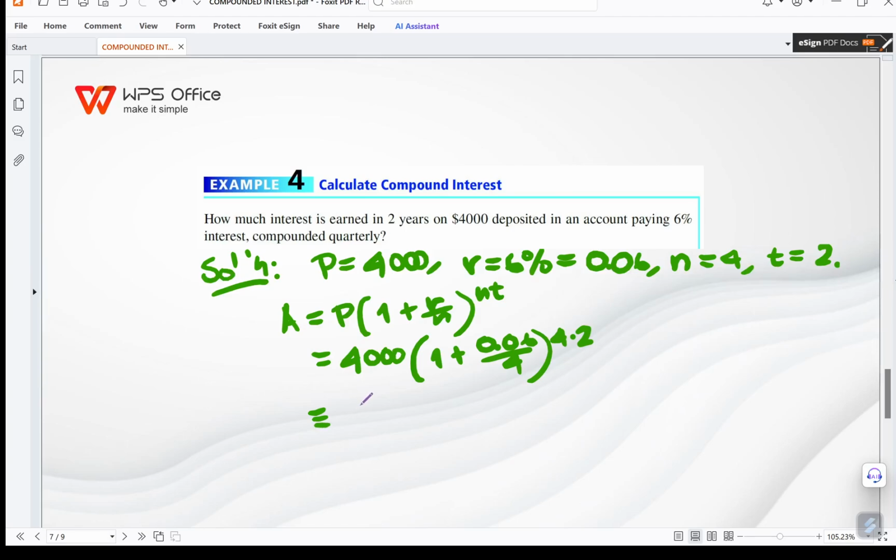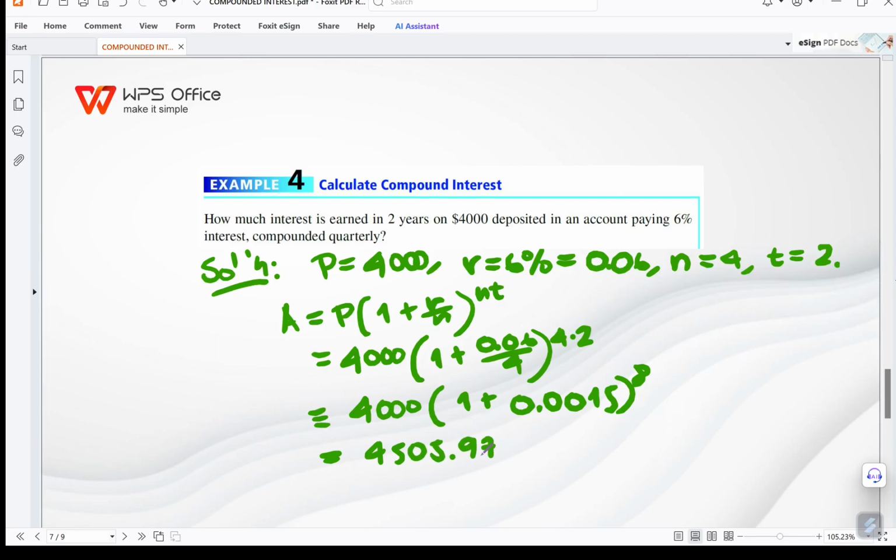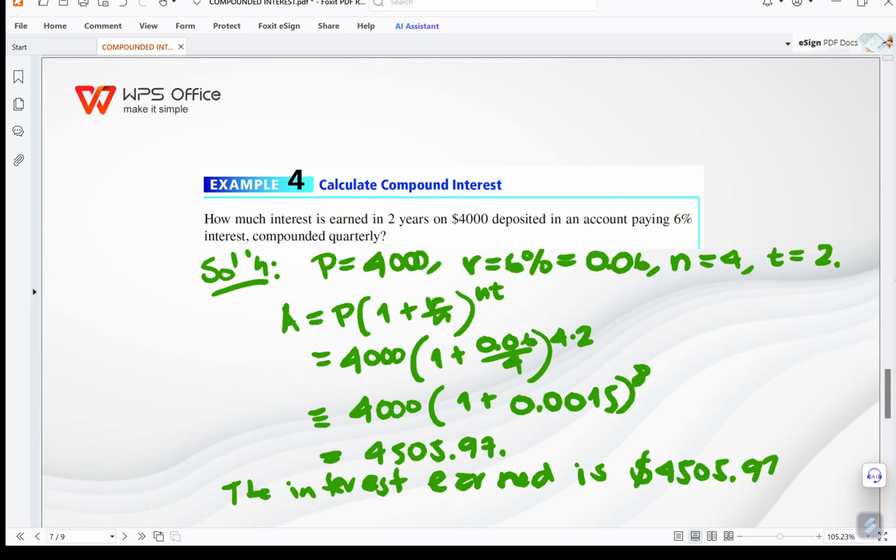So after simplification, we'll get 4,000 times 1 plus 0.0015 raised to 8, and you will get 4,505 and 97 cents. So the interest earned is $4,505.97. Okay, so I hope that is clear.